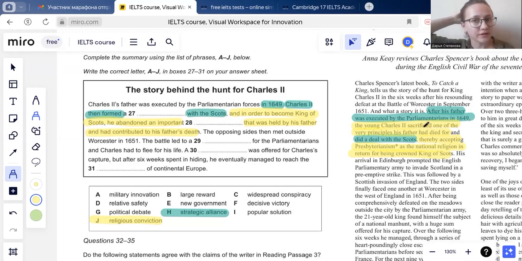What kind of religious conviction are we talking about? He changed his national religion. You mean this? Yeah, accepting Presbyterianism as the national religion, right? And in this case, just one quick question. That was held by his father and had contributed to his father's death.